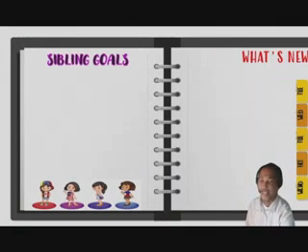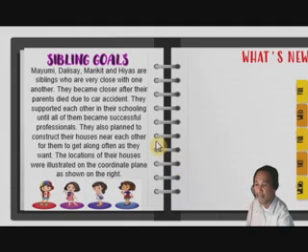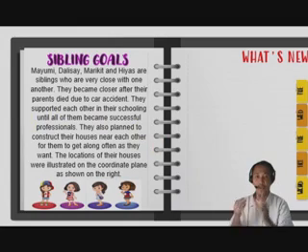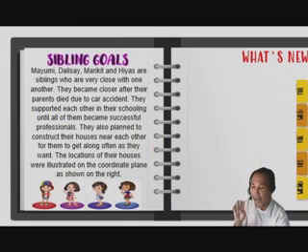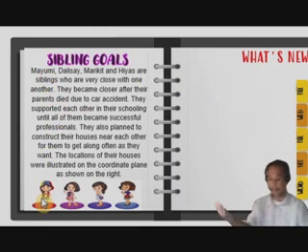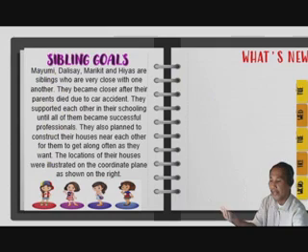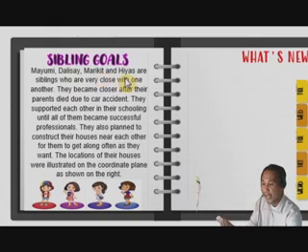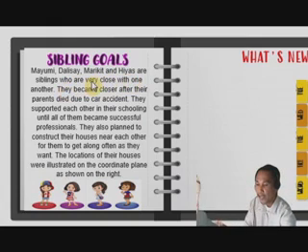So, let's have this. We have sibling goals. Class, we have here a situation wherein we have 4 siblings. We have Mayumi, and then we have Dalisay, Marikit, and Hiyas. They are siblings who are very close with one another.